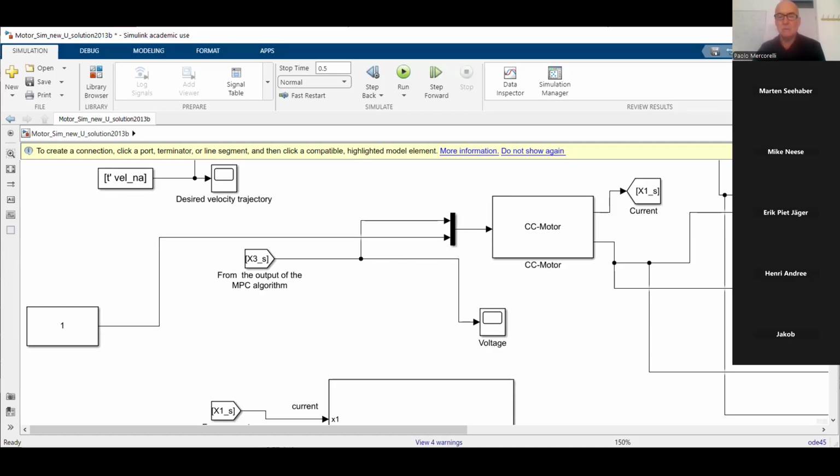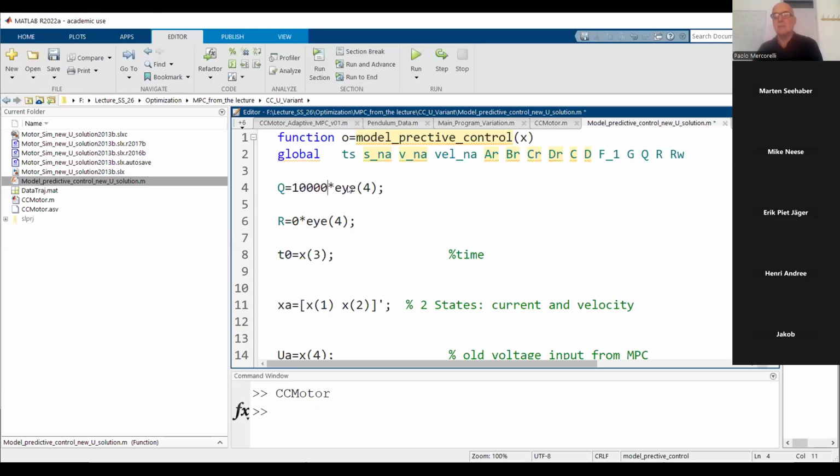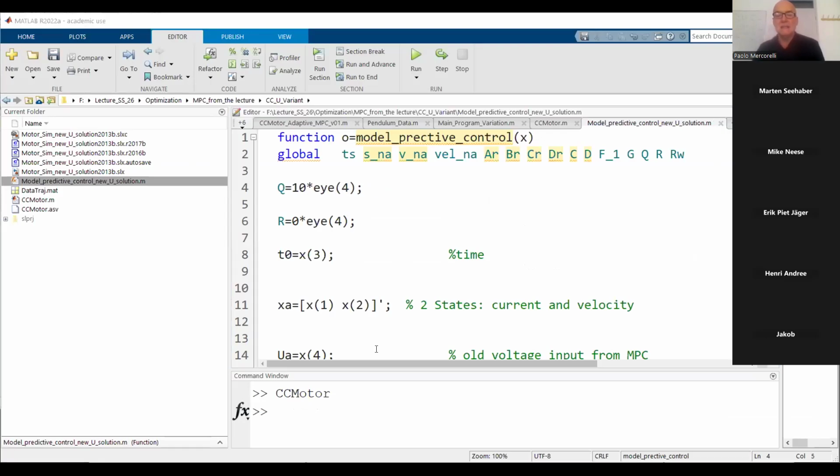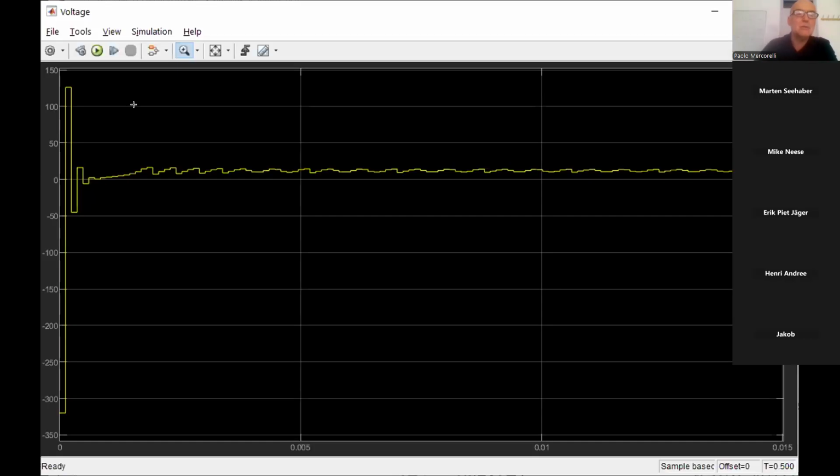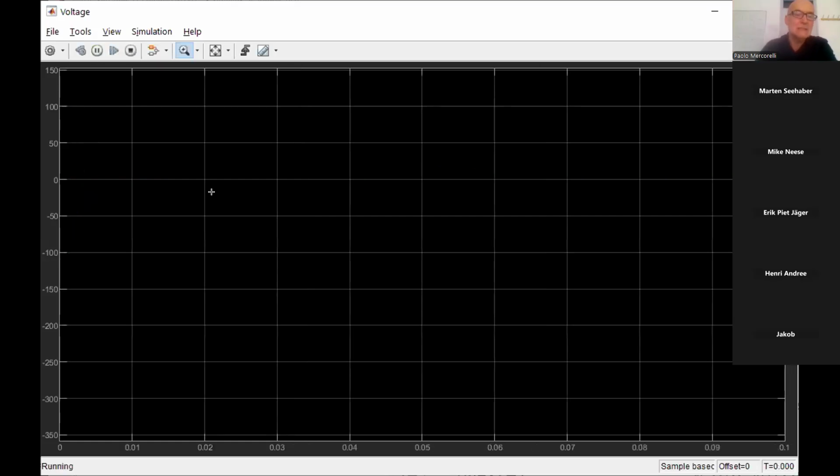If I reduce Q in the presence of the disturbance, we will see that U will be less than this one, but of course, we will obtain an error in the output. Look.